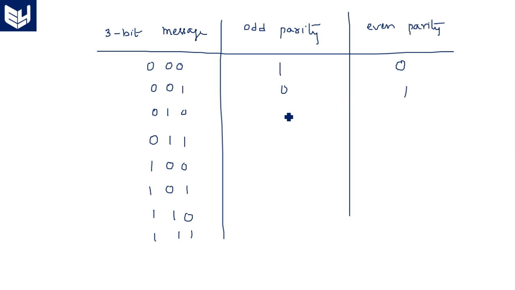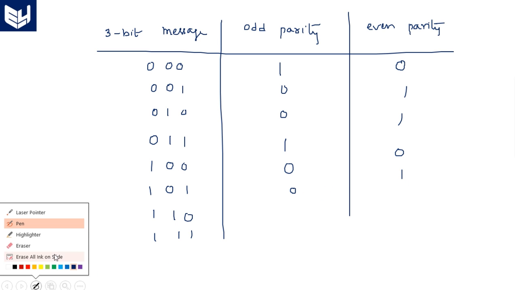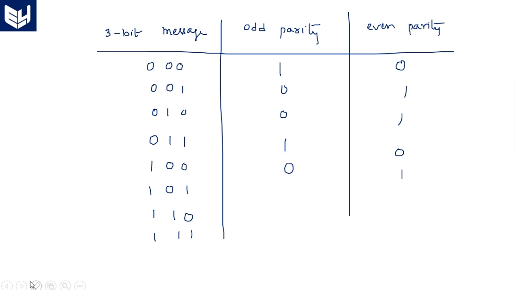Similarly for the other combinations: where the message already has an odd number of ones, you append 0 for odd parity and 1 for even parity. The overall count of ones is then as required. So this is what the odd parity and even parity outputs are.